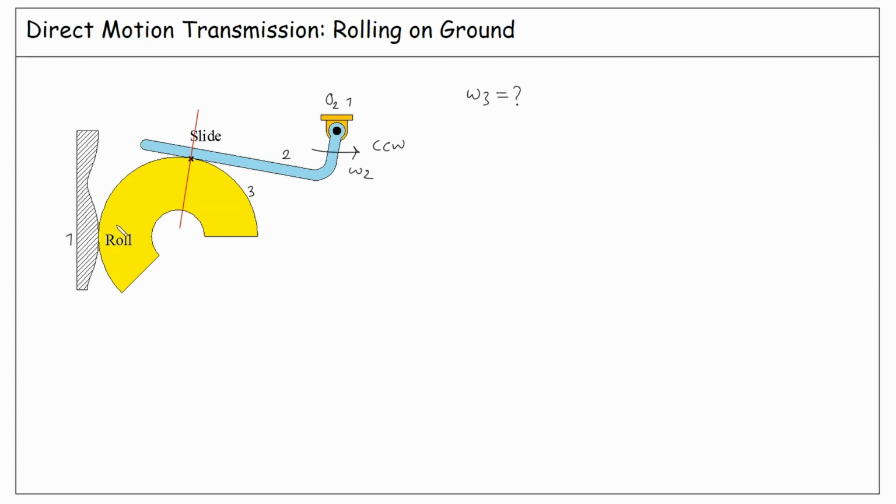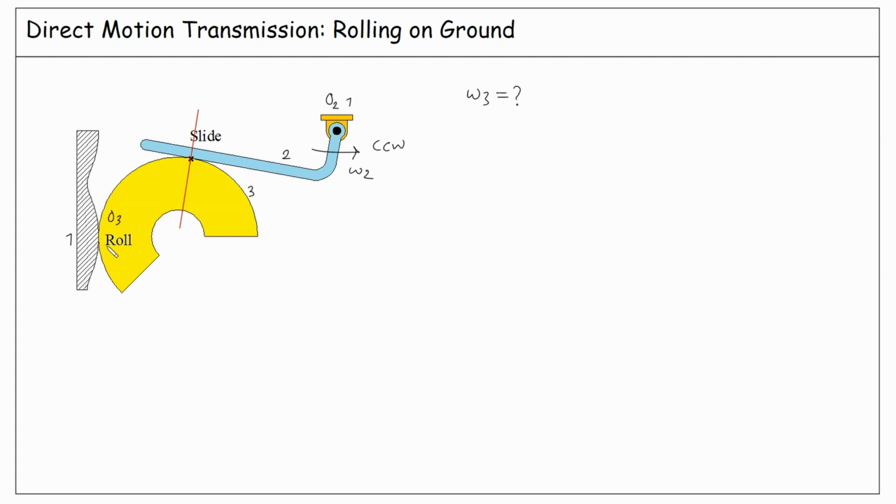But for now, we just need to know that in case of a rolling contact on ground, we can consider the rolling contact point as the center of rotation, meaning that this point, which we call O3, is the rotation center of link number 3 at this instant or at this moment.